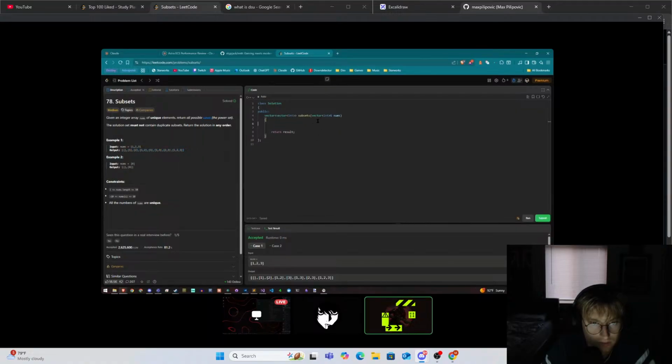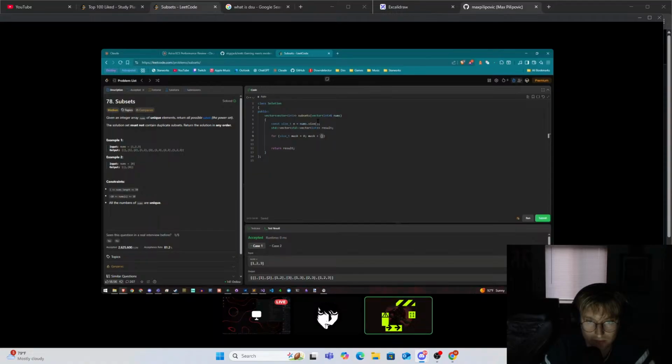So ultimately, you'd have n being equal to nums size because that's the overall size, and then you'd need some way to return your answer here. So you'd have your result type being a vector of vectors, and then you'd go mask is less than, and then this is where you would do the amount of subsets, right?